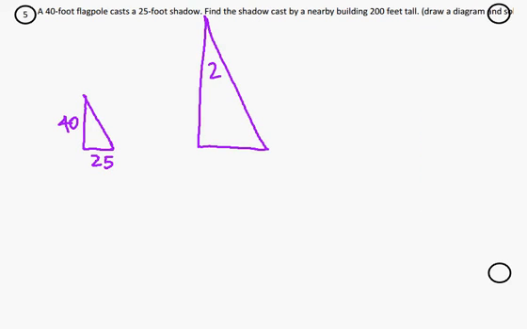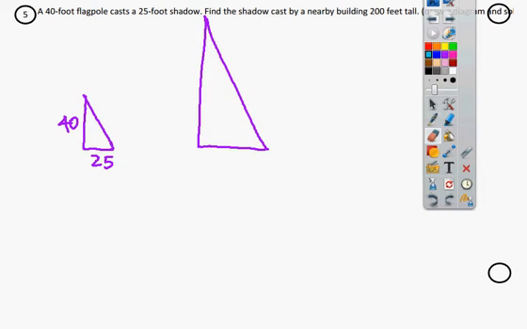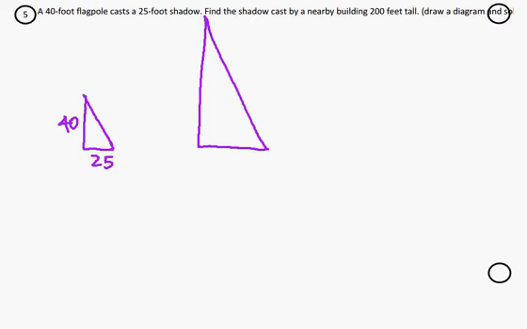Sometimes it helps, if it helps you to actually draw the building, actually draw the tree, you're welcome to do that. That's how I like to do it. For some people, though, I think it can be confusing. So we just draw the triangle. This is a building, this is the shadow, this is the sunlight coming down. 200, and we are looking for the length of the shadow. This is my x.